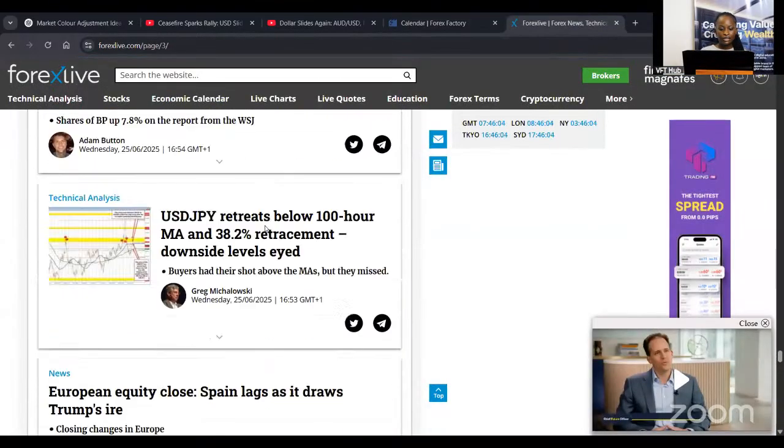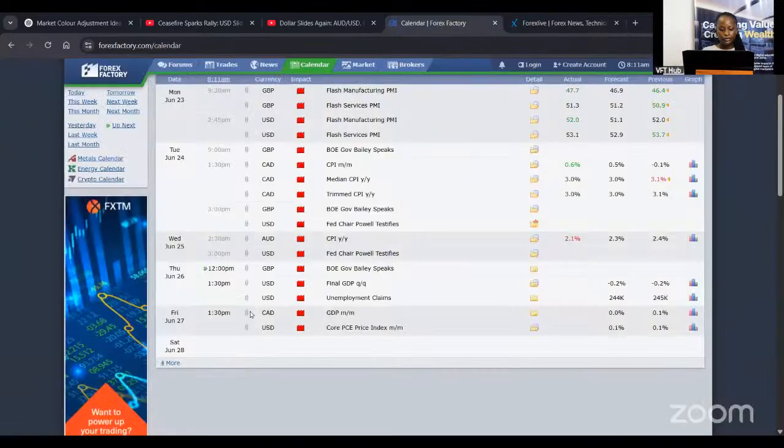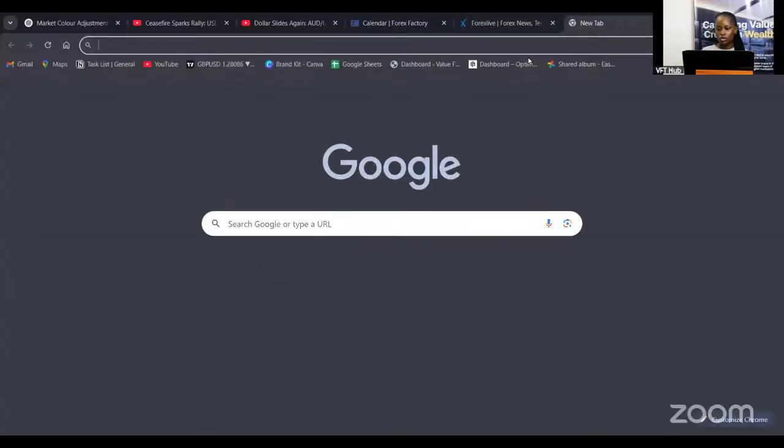You'll see different headlines and read the story to understand what is being said, right? Then tomorrow we have one coming out on CAD, Canadian dollar, by 1:30. Watch out for that because it will have an impact on USD CAD. And then you also want to watch out for the PCE price index as well. So these are the high impact news releases we have coming out today and tomorrow.